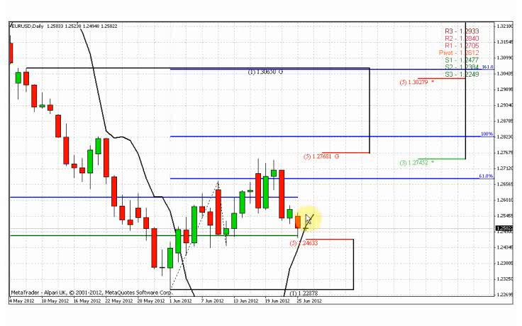In this case, we could expect the reaching of the 100% extension of that pattern, an ABC bottom, and the reaching of this confluence resistance area. Also, if we calculate the distance of that top, it will be a 127 extension from that swing down, from that retracement.